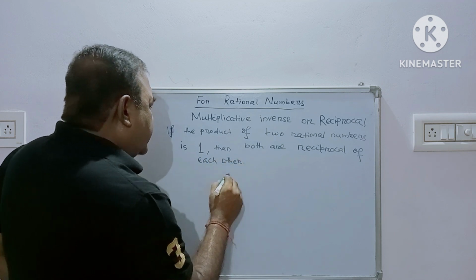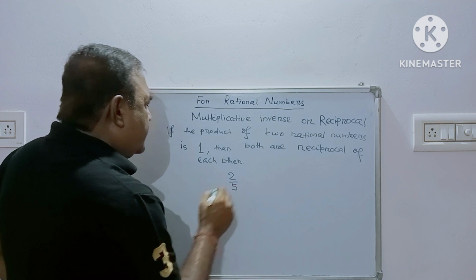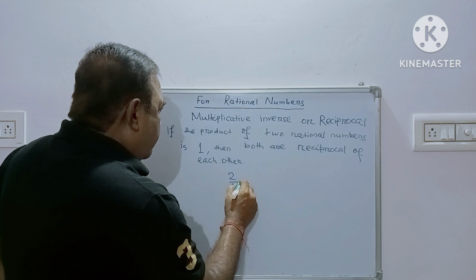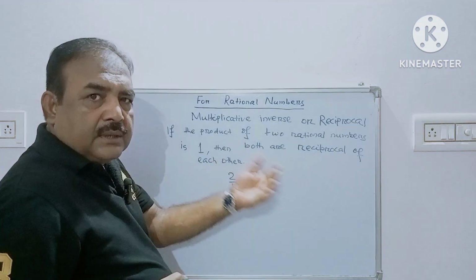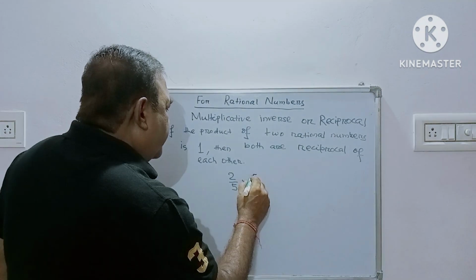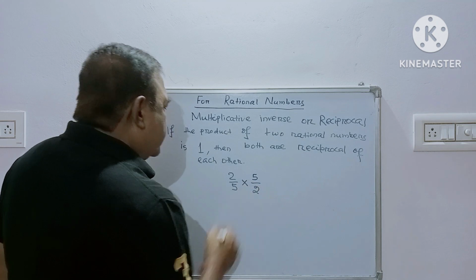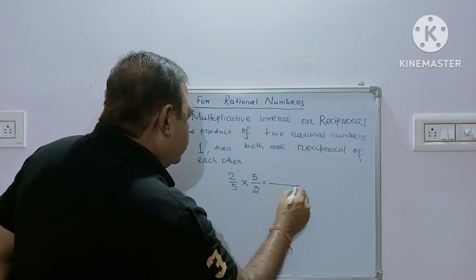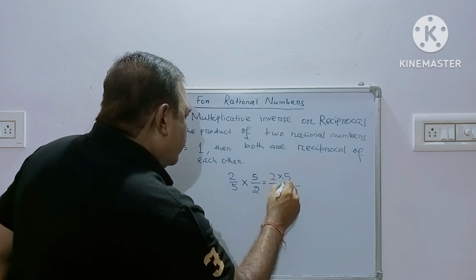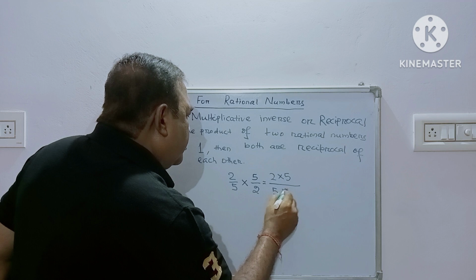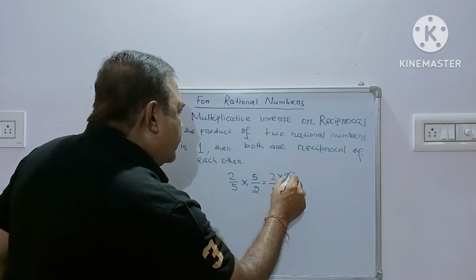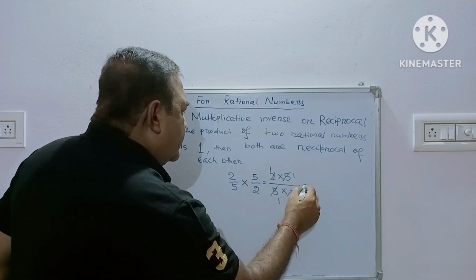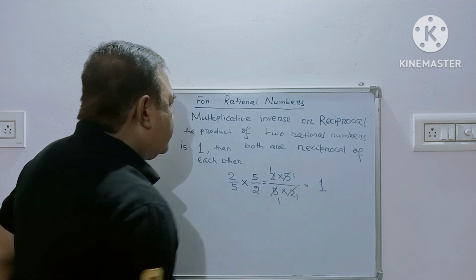For example, suppose I take 2 upon 5, it is a rational number, and I multiply by the other rational number, let it be 5 upon 2. What will the product be? Numerator into numerator, denominator into denominator. Then by the common factor you divide both the numerator and the denominator. You see, the product is 1, already you know.